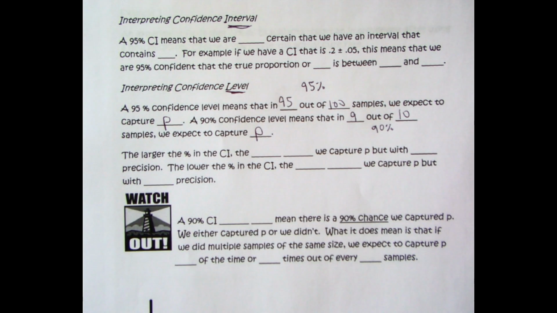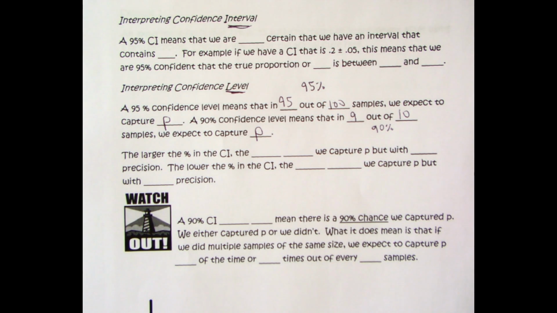So we saw on the applet, because of the natural variation from sample to sample, sometimes we get a sample where the statistic, our p hat, is so far away from our parameter, in this case p, that the interval doesn't even capture it.